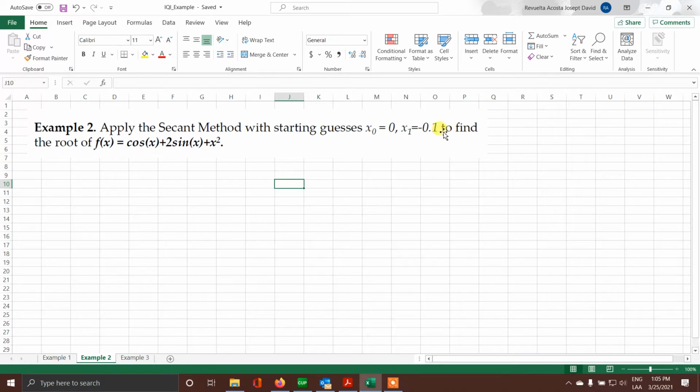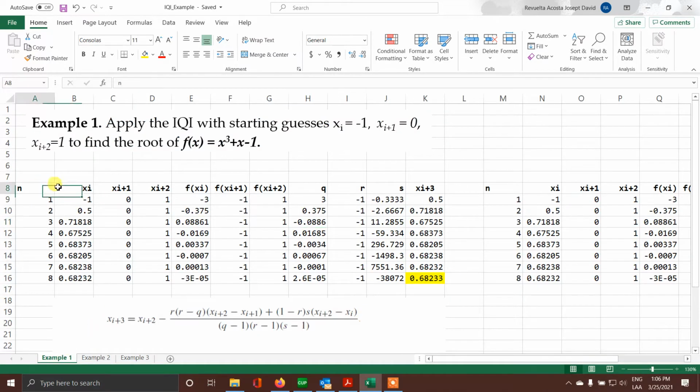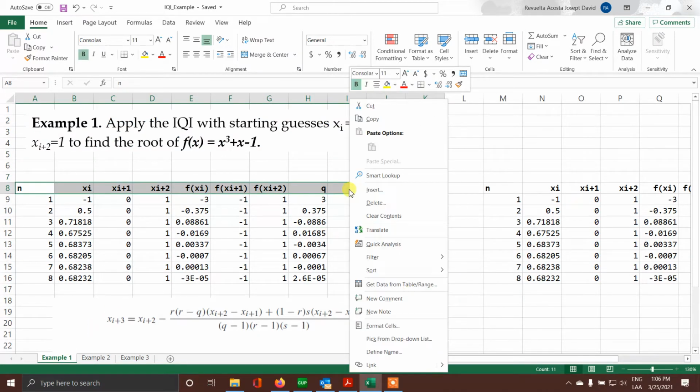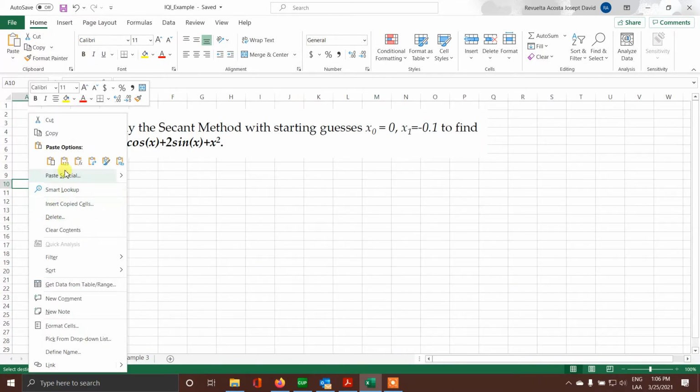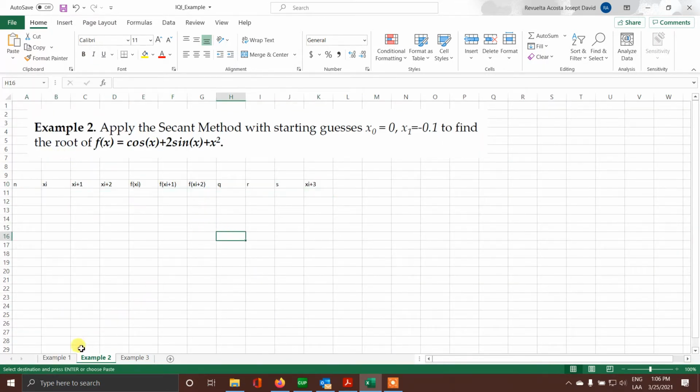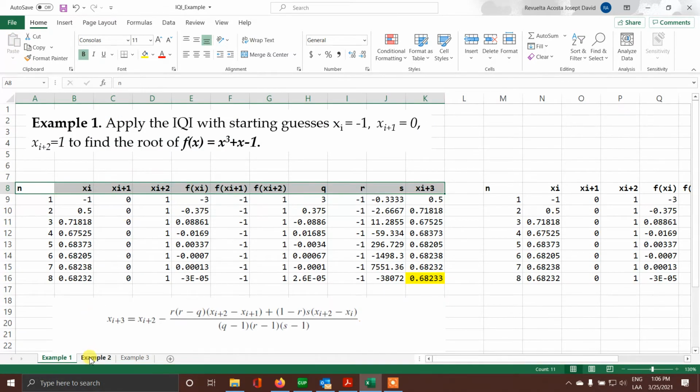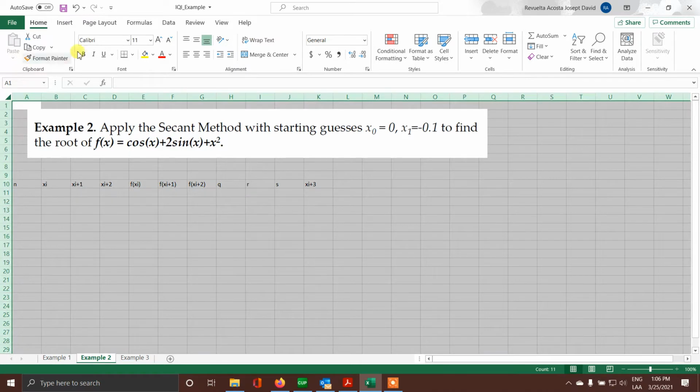So let me just arrange this. I'm going to use consoles because I'm very picky with the exercises. I'm just going to make it bigger for you, and I'm going to put this in bold font. This is for the iterations. Let's just use another 8 iterations.